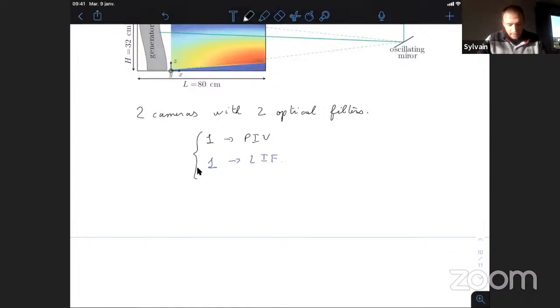I discuss this at the end because it's not an easy technique. You do not want the light emitted by the dye, which is not related to the velocity field, mixed with the light from the particles. That's why you need to separate the two.